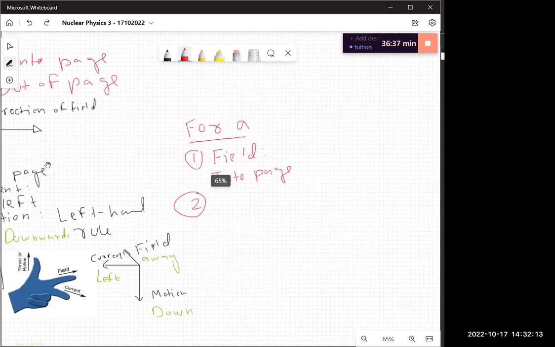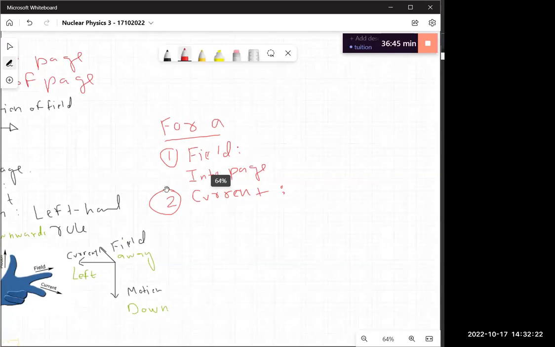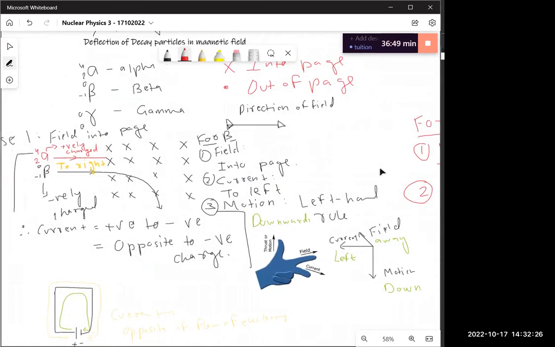Now, next we have to find the current direction. What is the current for alpha? Alpha is going to the right and it is positively charged. So what is the current direction?